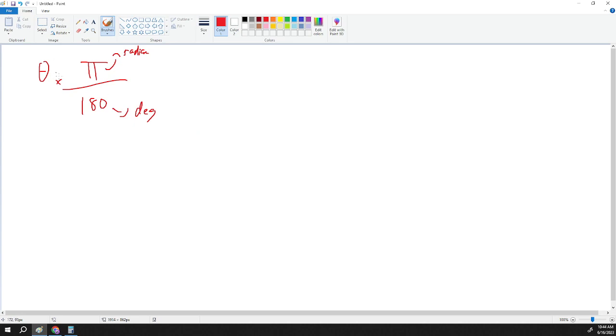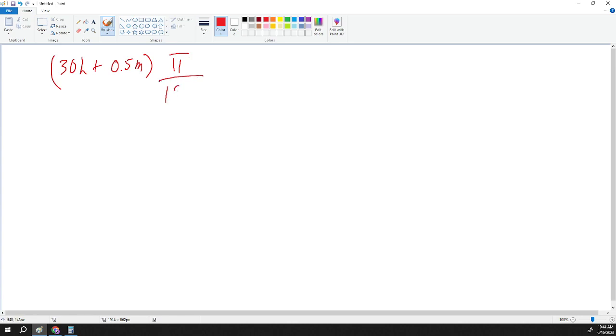So if you convert the degrees to radians, the degrees cancel out and you get the radian. So all you have to do is apply that in your equation. That was 30H plus 0.5M, and simply multiply pi over 180. And that will be your answer in radians.